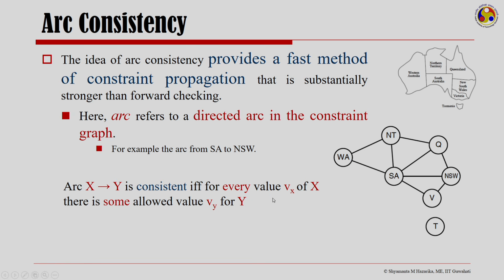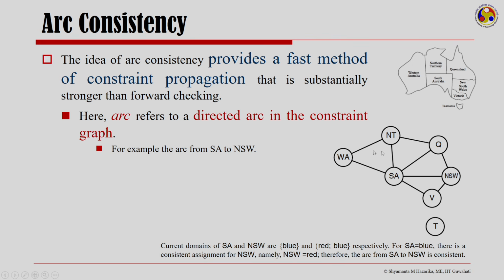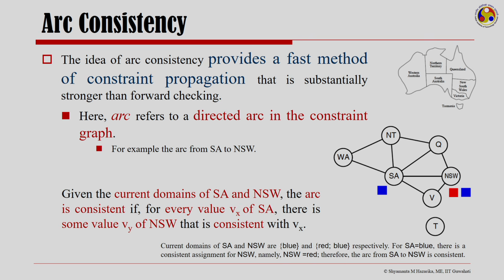Let us say in our example of the map coloring, the current domains of SA and NSW are blue and red blue respectively. Given the current domains of SA and NSW, we can see that there is a consistent assignment for SA equal to blue. I could always pick NSW equal to red, and I can therefore have a consistent assignment from SA to NSW.